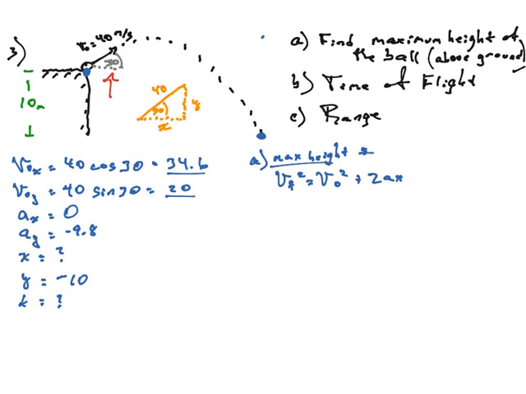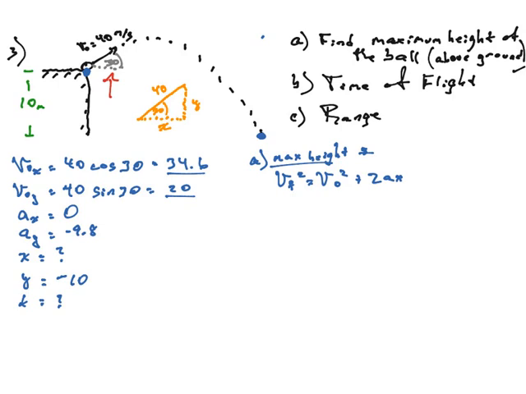Why do I use this one? Well, I'm looking for a distance. There's the distance. I need an acceleration in y. I've got it. I need an initial velocity in y. I calculated it. And I need a final velocity in y. Well, I don't have that written, but if you remember the argument I gave last time when we talked about the cannon, for this particular part I'm looking for maximum height, which means I'm at the very top of my motion.